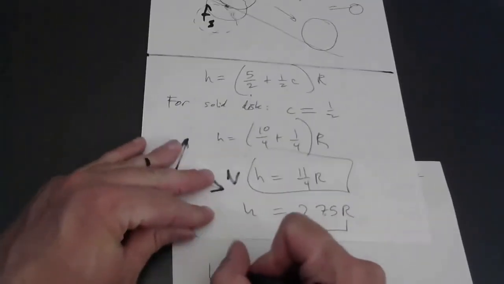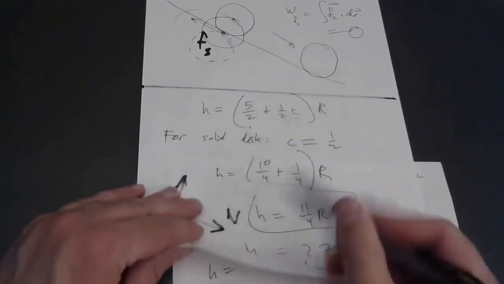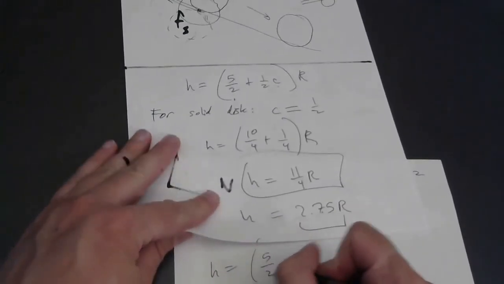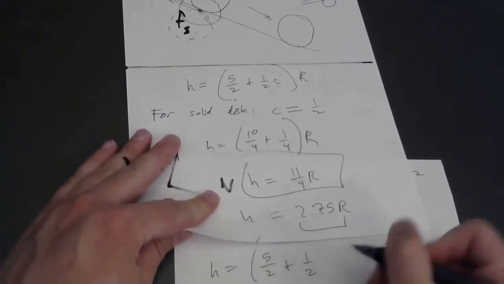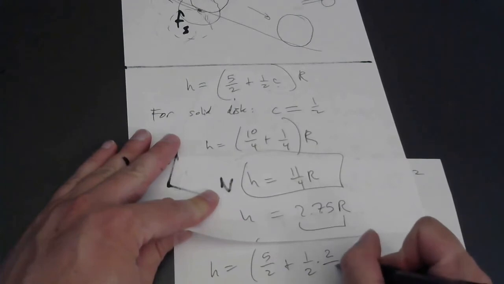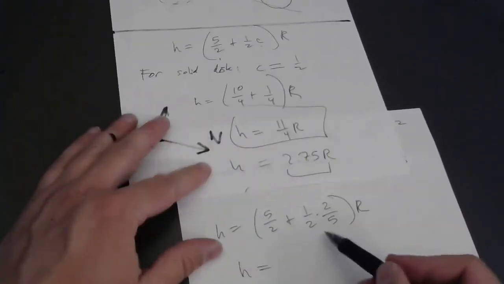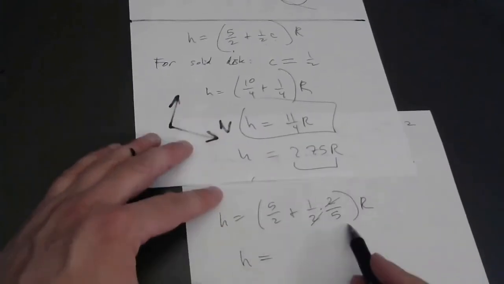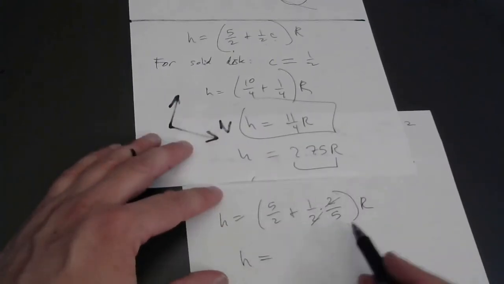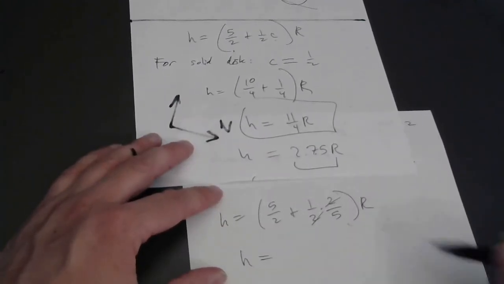So the required height, since I originally left it in terms of c, would be 5/2 r plus 1/2 times 2/5. Well, the 2's cancel, and that's 5/2 plus 1/5. 5/2 is 2.5, 1/5 is 0.2.